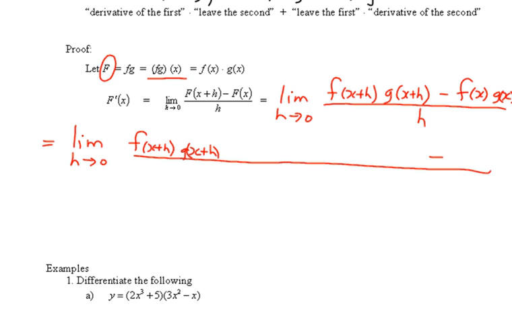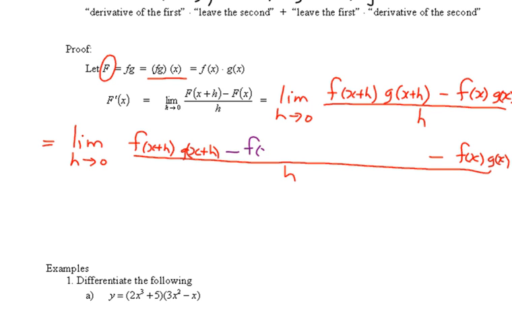And I'm going to leave a big space and write down my last term over here. And I still have my h down here, waiting patiently. But in between, using the purple pen, which looks green, I am going to add two terms that exactly cancel each other out. What are they?